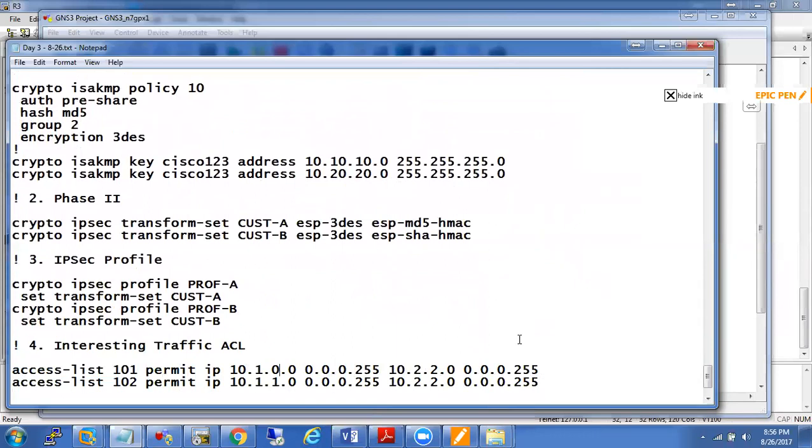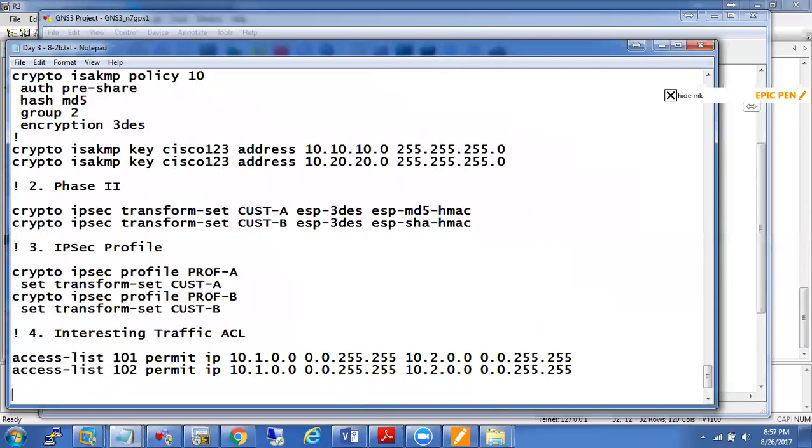In my case there's only 2 networks, so it's okay. But if you had more than that, I could do a different ACL. I could even do 10.1.0.0 0.0.255.255, 10.2.0.0. Anything from 10.1 to anything from 10.2 is what I'm doing.